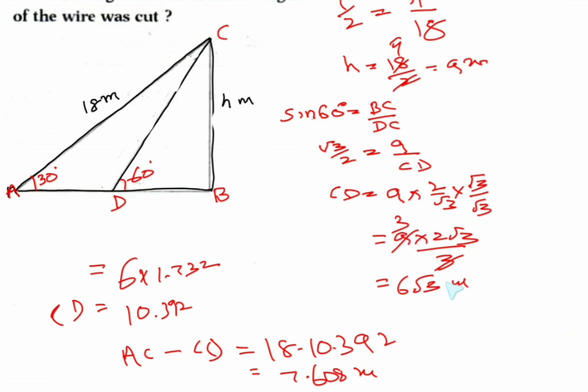So 3 into 2, 6 root 3 meters. This is the CD value. This is CD, the length of this wire after it was cut.